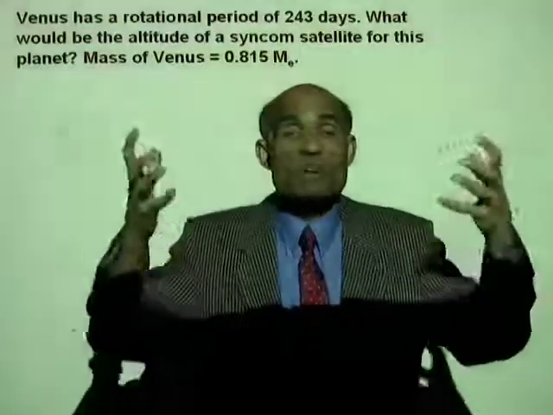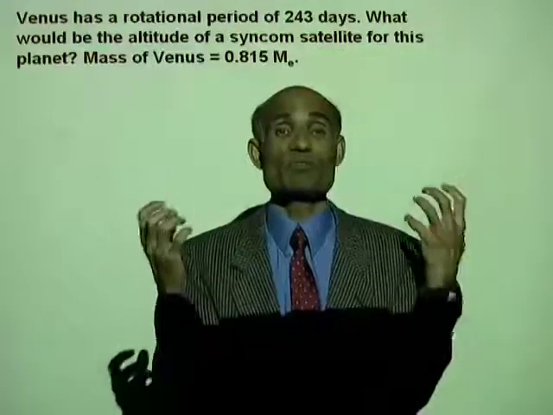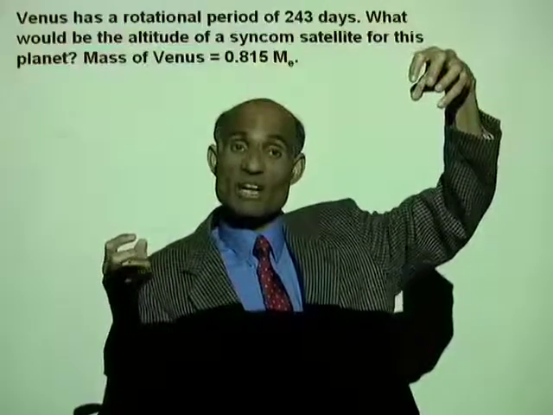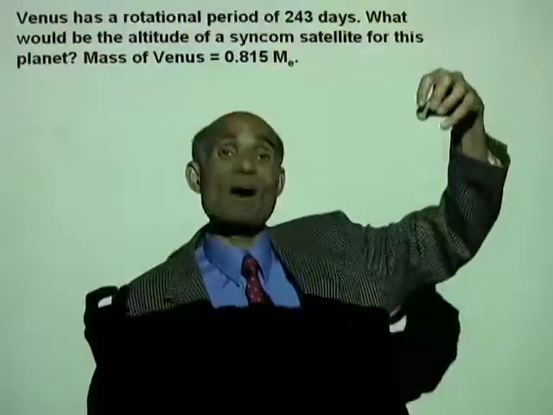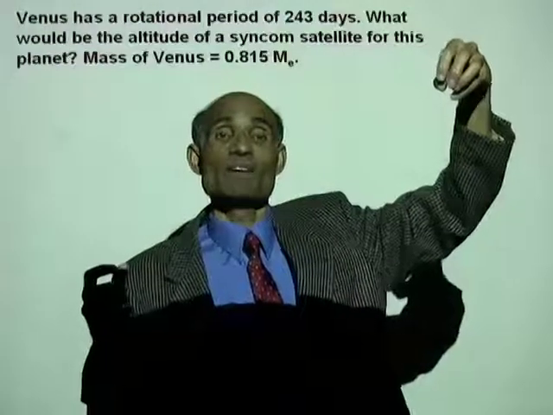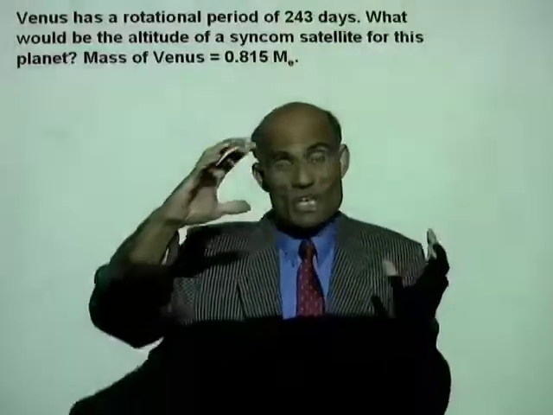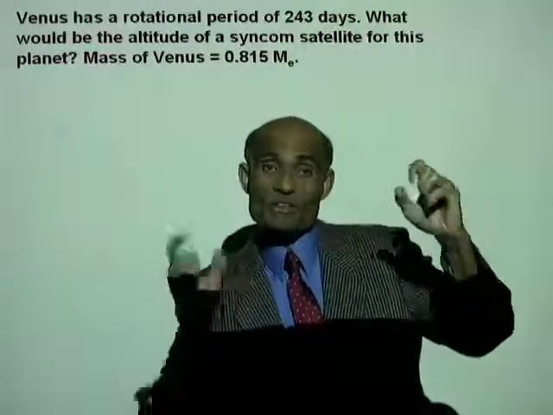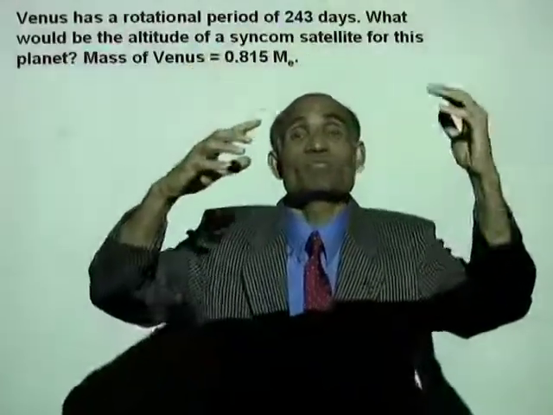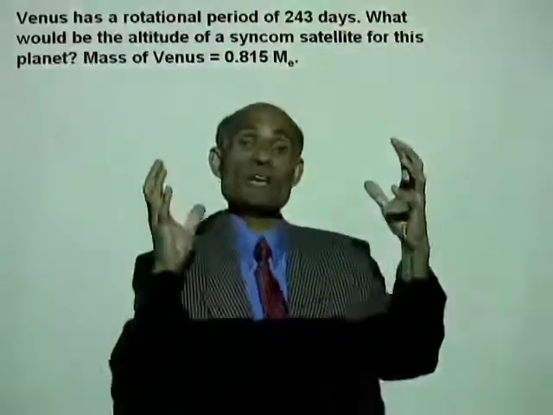You know that we depend a lot on satellites for our communications. If you have a communication satellite, you want to station that satellite always above a certain point on the surface of the Earth. If there is no synchronization between the rotation of the Earth and the rotation of the satellite, then the position of the satellite will keep on changing as the Earth rotates.